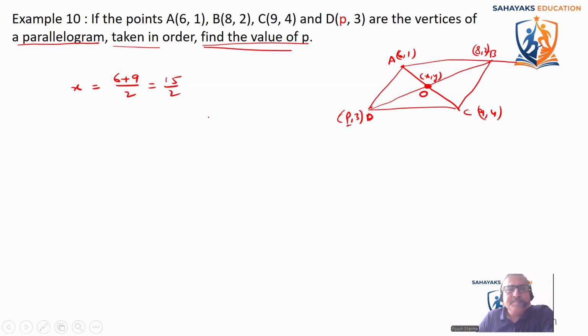It's pretty simple. And the value of y comes out to be 1 plus 4 divided by 2.